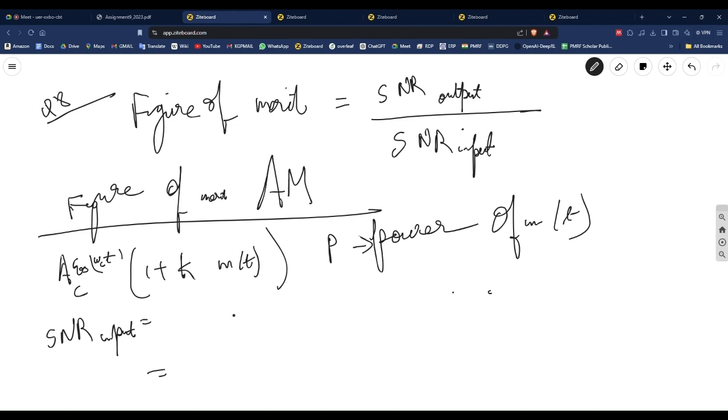So this will be the power of signal input, PS in, is AC square by 2 into 1 plus K square P. So this is the input power.